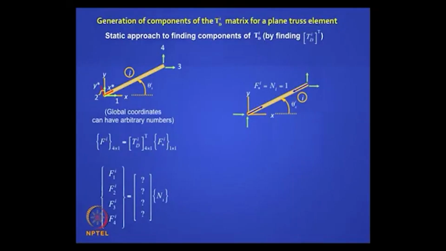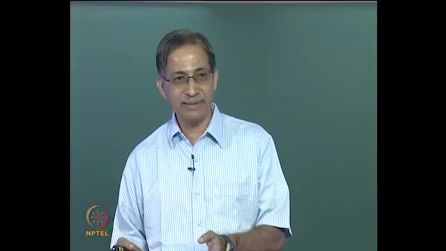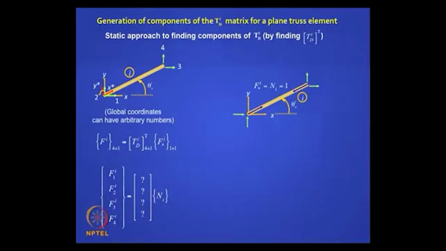Remember this problem? We wanted to find the TD matrix. Well, if you use statics, you can find the TD transpose matrix. Then you take the transpose of the transpose, you will get the TD matrix, right? So now if I look at this relationship, F star, in this you have four components here, right?